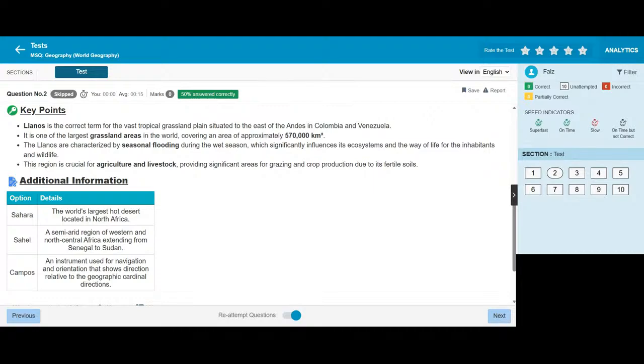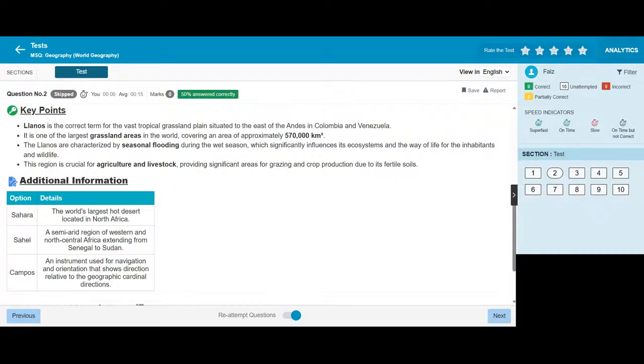It is one of the largest grassland areas in the world, covering an area of approximately 570,000 square kilometers.